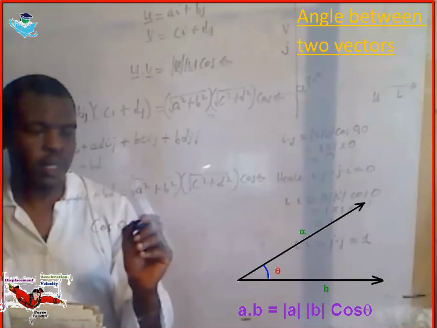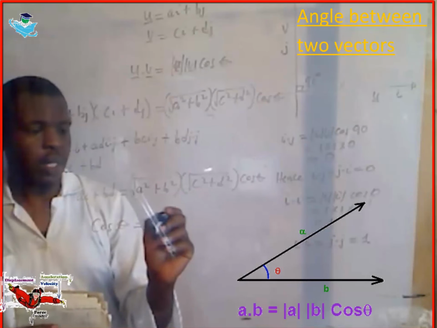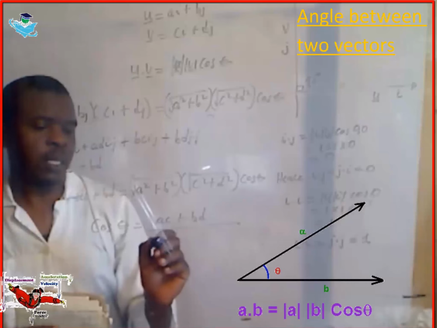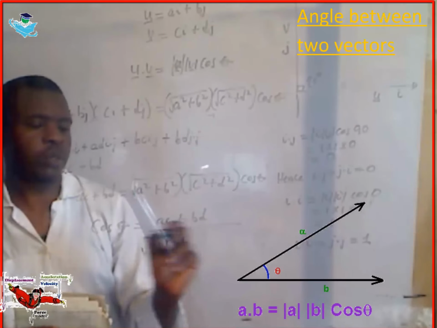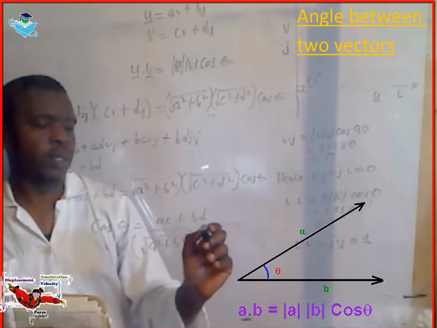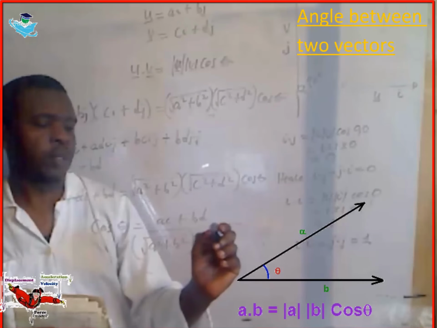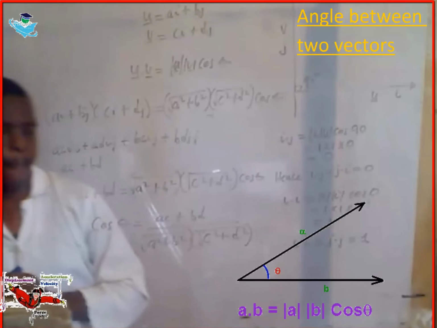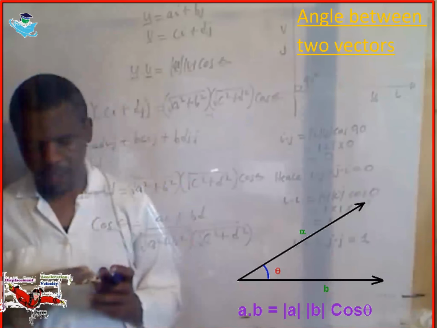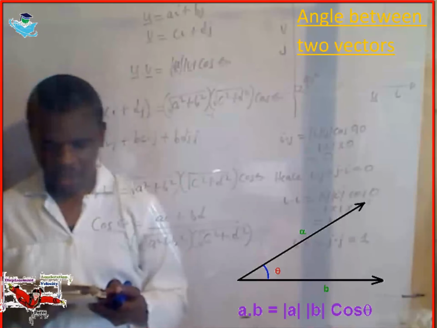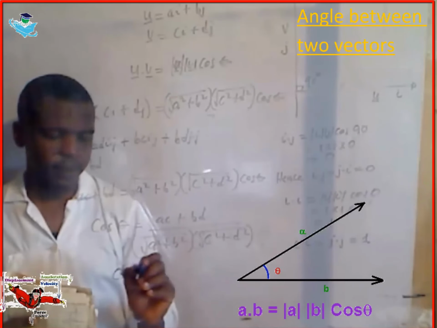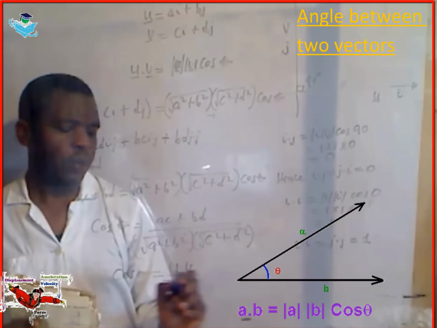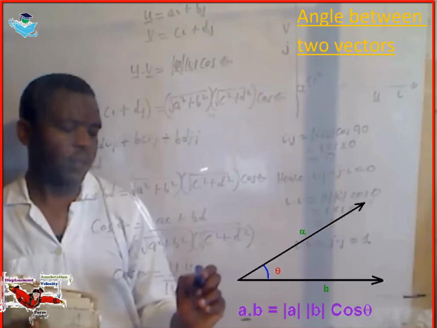Cos theta is equal to ac plus bd divided by the square root of a squared plus b squared times the square root of c squared plus d squared. Generally, the angle between two vectors is given by cos theta equal to u dot v all over the magnitude of u times the magnitude of v.